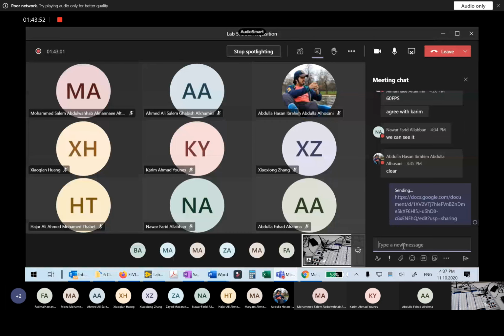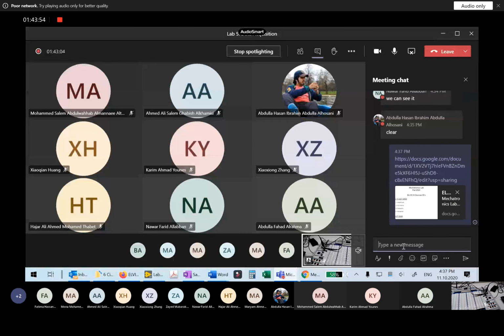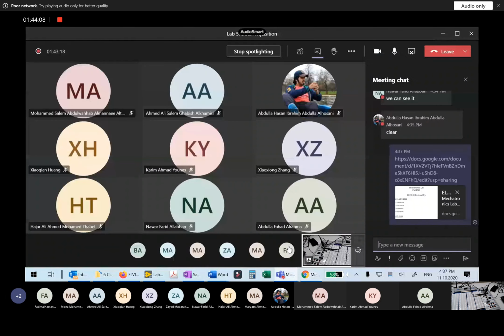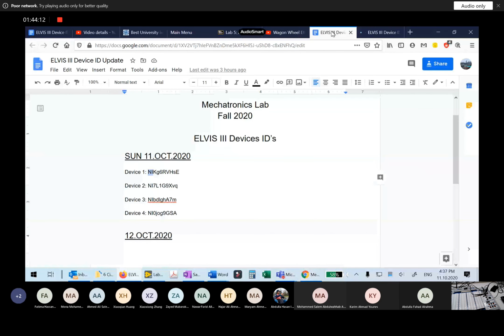This sheet will update daily. Just select any one of them and enter it here, and you'll see what happens. We'll have some clash, but this is fine. We will see how this is working. So I'm going to select the first one.